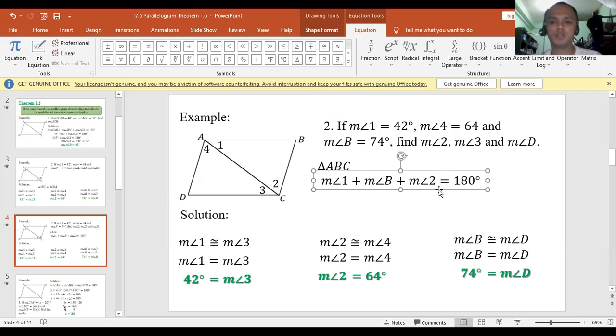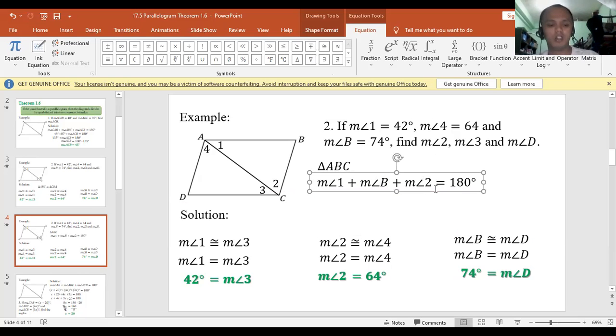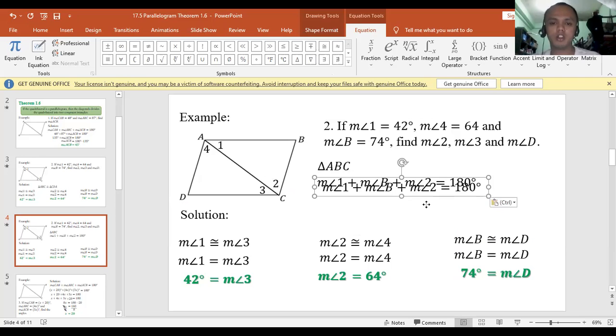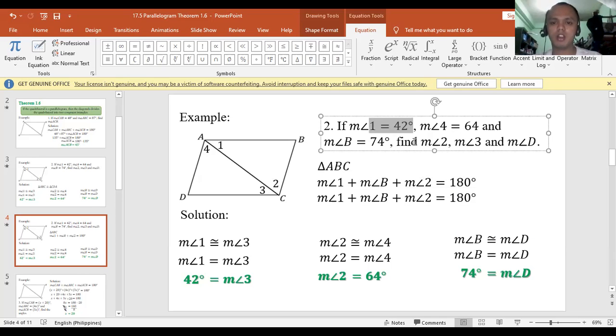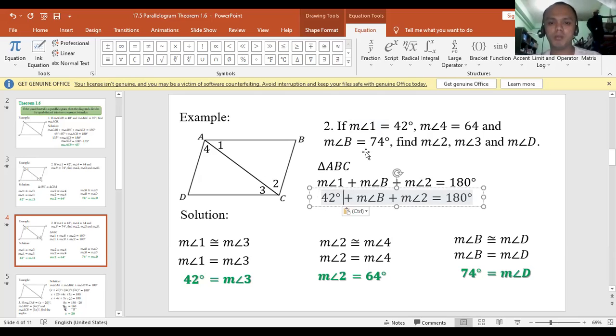Okay. So that is for triangle ABC. And then we substitute the measure of angle 1 here, which is 42. Your measure of angle B is 74.